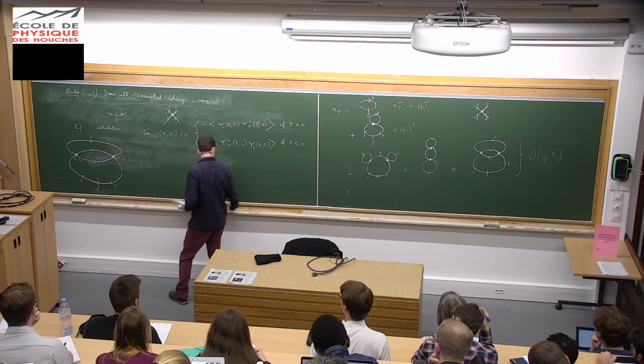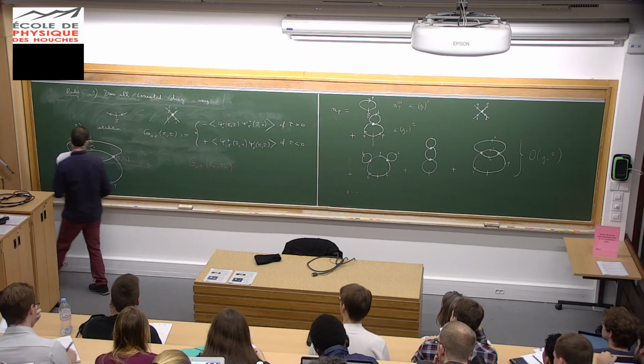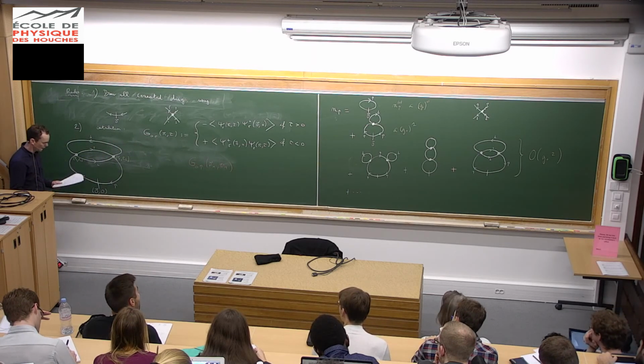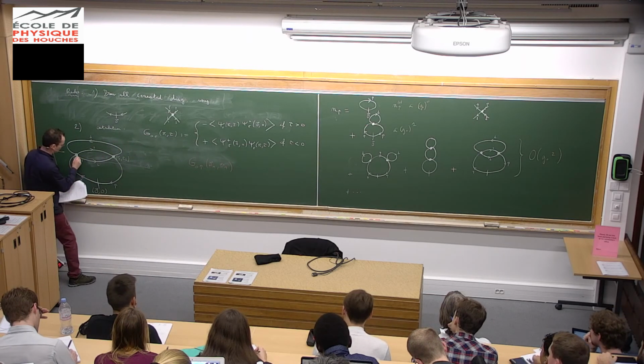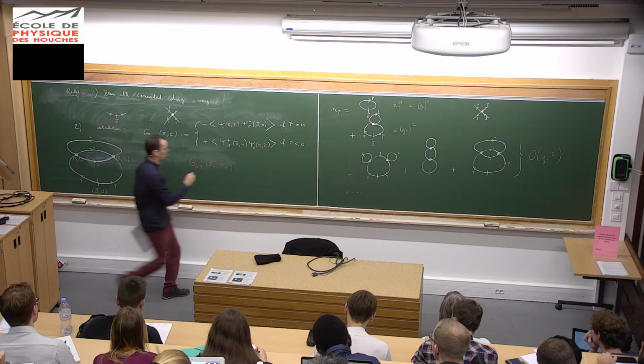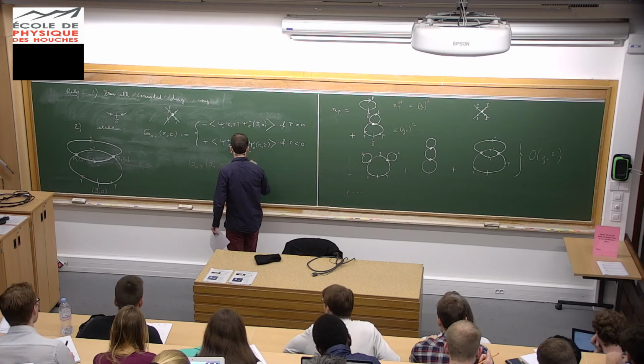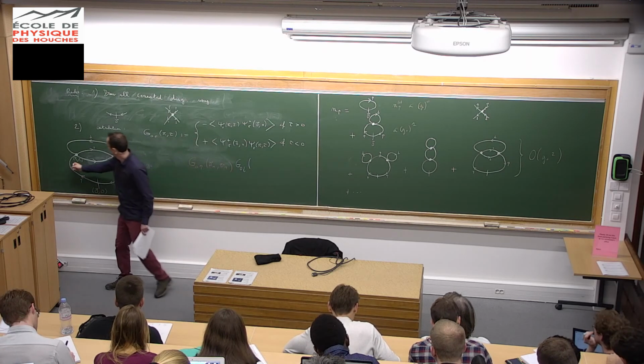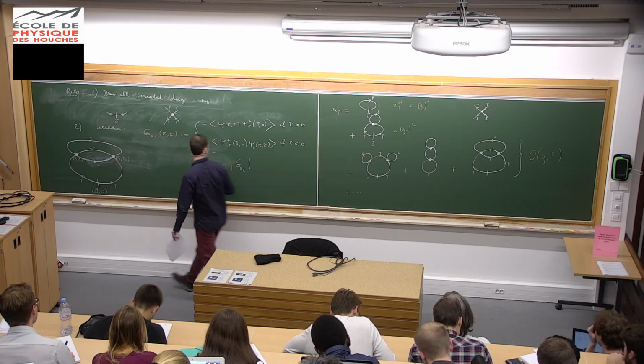And then you should do the same for all the other lines. So for example, this line is g0 down, and it goes from r1 tau 1 to r2 tau 2.